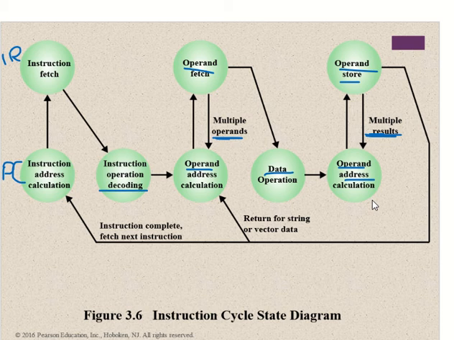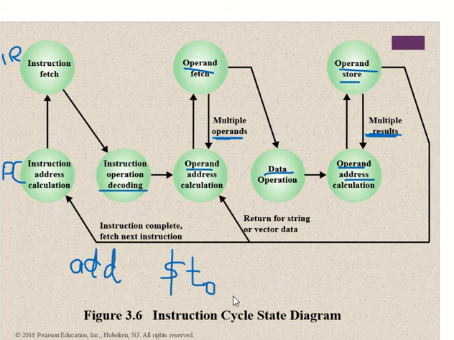You may have a source register and a destination register separately. Let's go back to your MIPS. You may have an instruction called add. This is the opcode, and you may have, for example, T0, T1, and then T2.